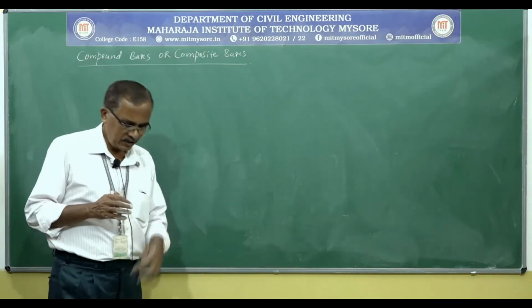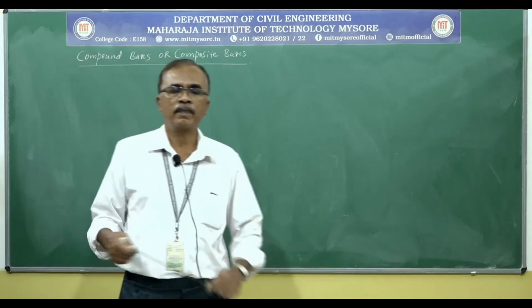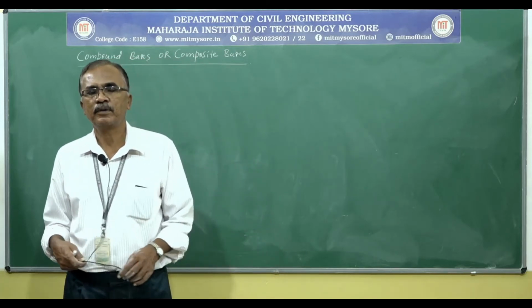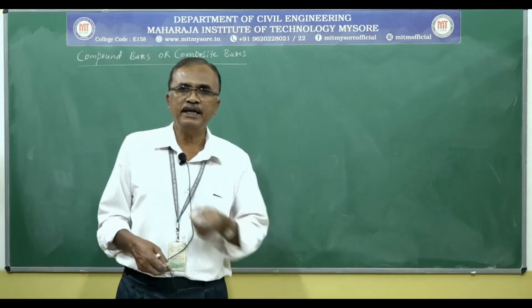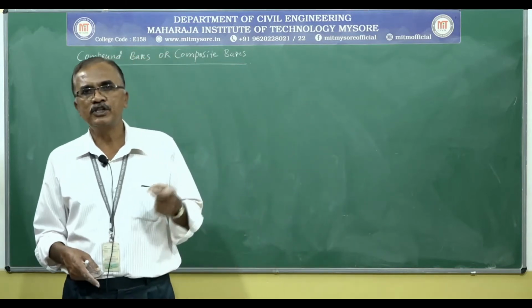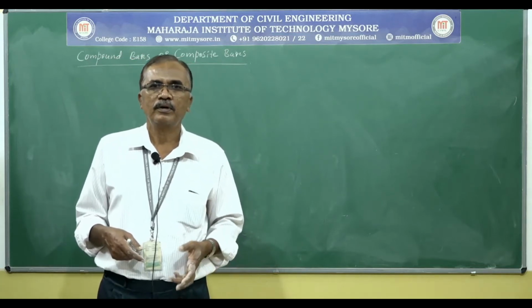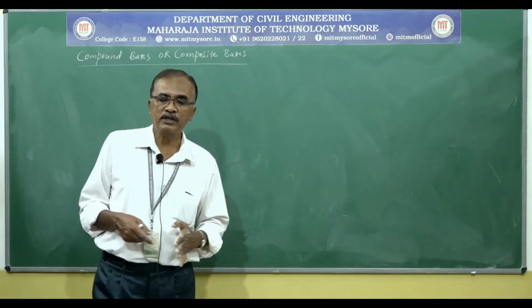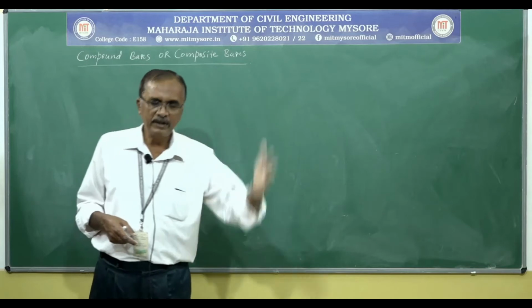In detail we discussed right from the beginning, the elastic limit. Then we discussed elastic constants in detail, Young's modulus, shear modulus, bulk modulus, then Poisson's ratio. And we also learned that the Young's modulus for structural steel is about 200 GPa. It is having the highest value.